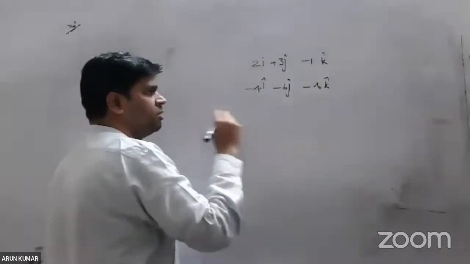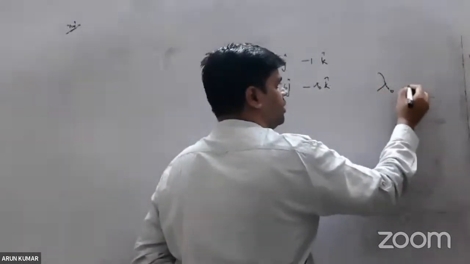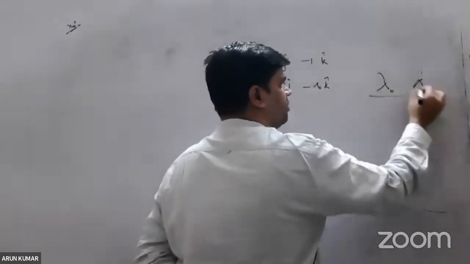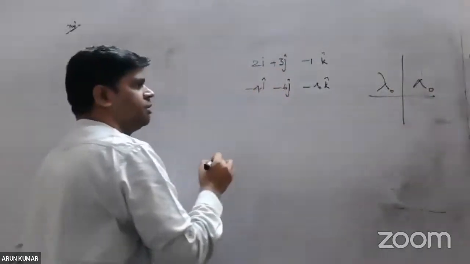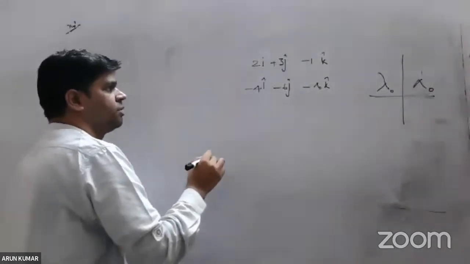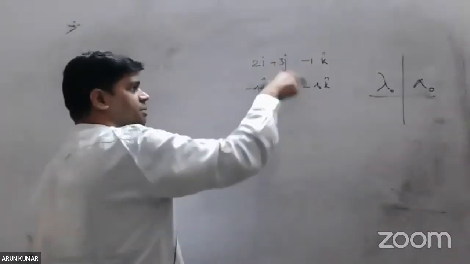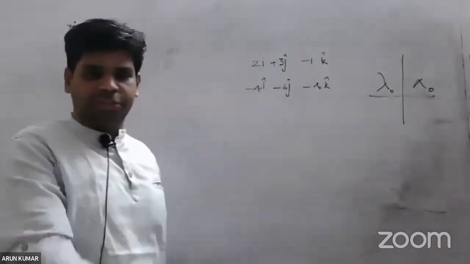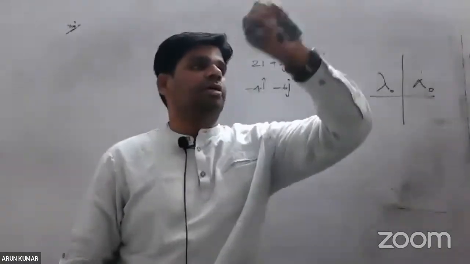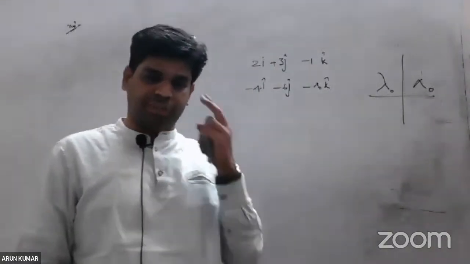This is small lambda naught, this is capital lambda naught. I'm using capital lambda naught. The question is, what should be lambda if these two vectors are parallel to each other? All right, perpendicular to each other first. What should be lambda if these two vectors are perpendicular to each other?